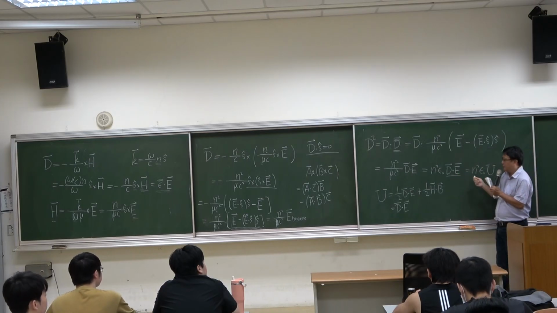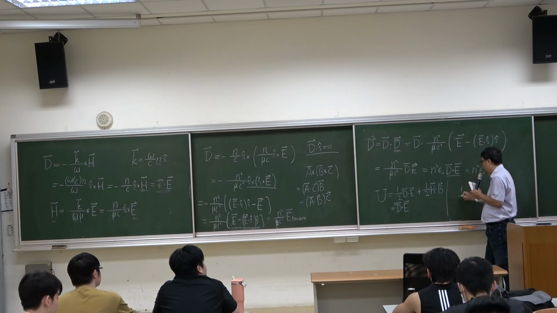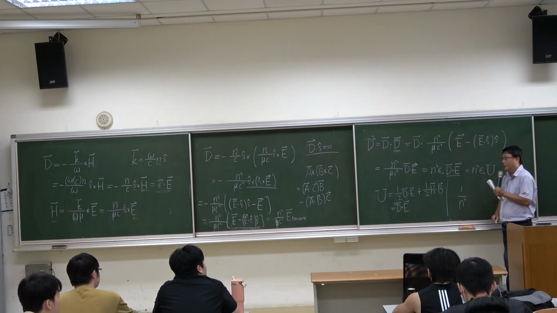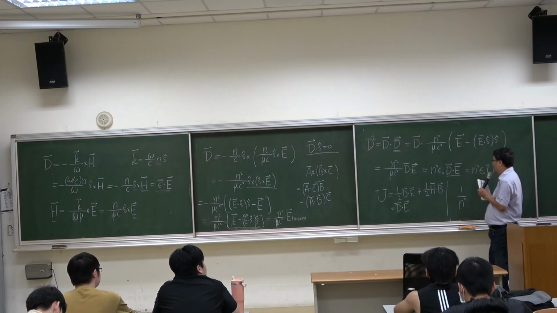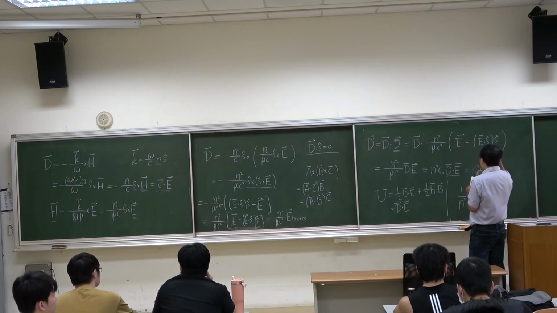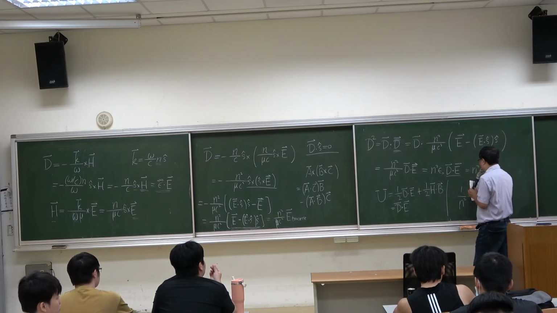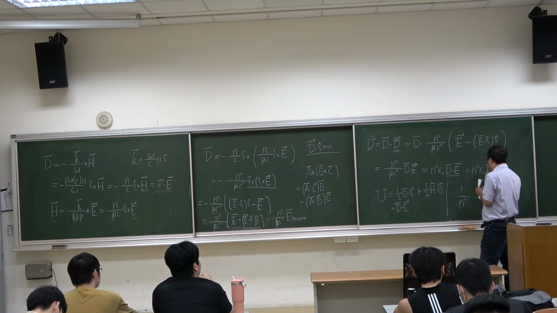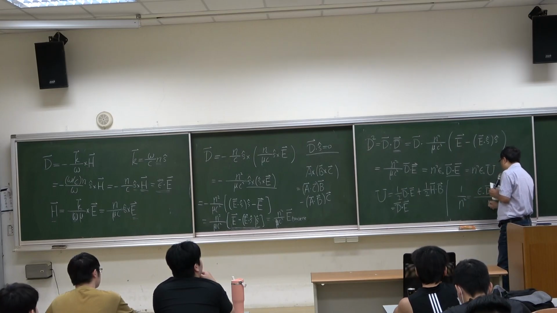So you see that we can write the result like this. 1/n squared is equal to epsilon D dot E over D squared.